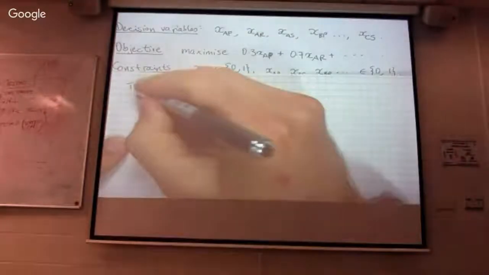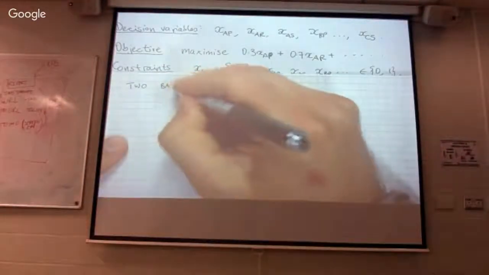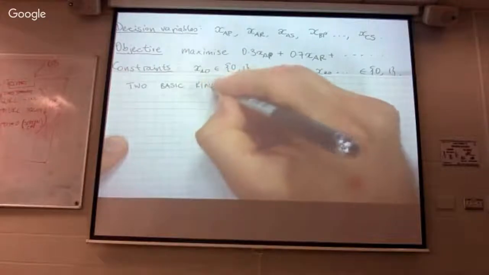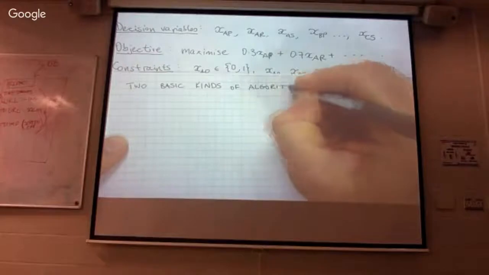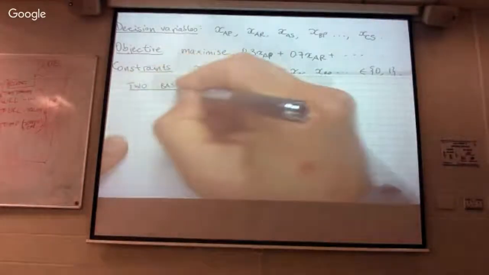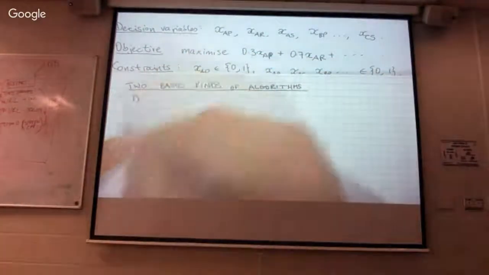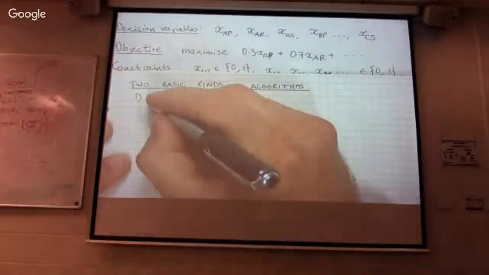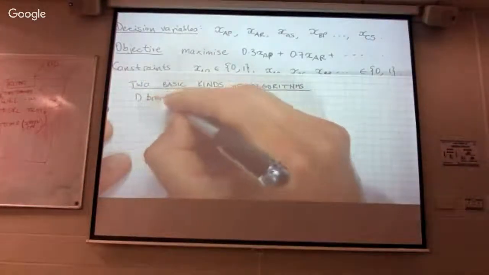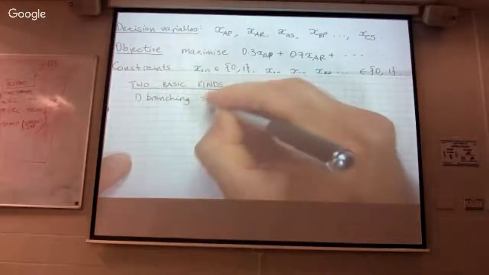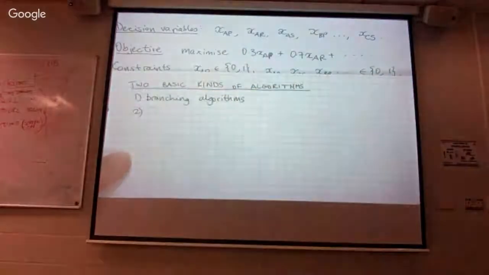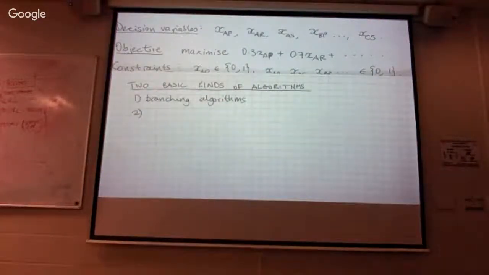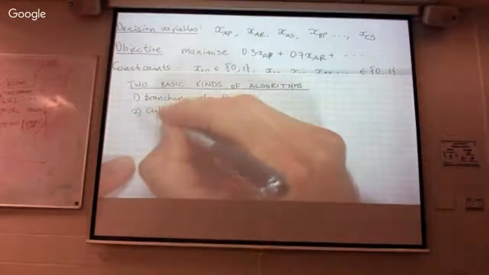So 2 basic kinds of algorithms. The first kind is called branching algorithms. And the second kind is called cutting planes algorithms or something like that.